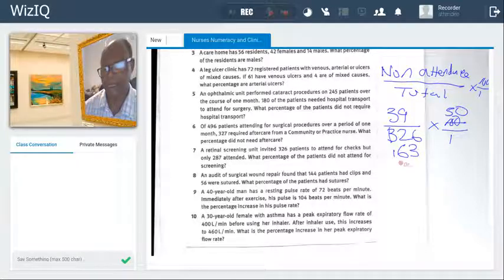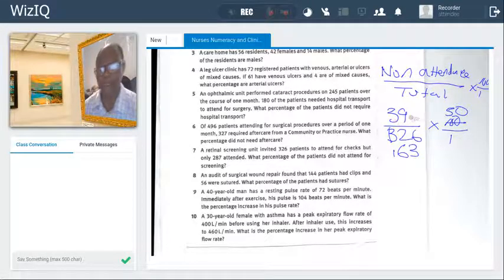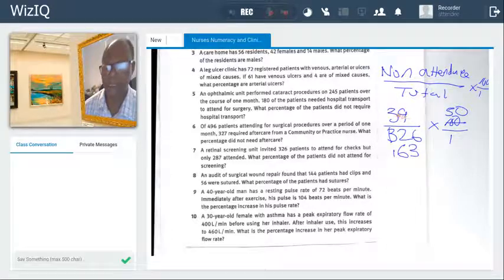Okay, is there any number that can divide into here and there? Okay, we have 13 here can go in, so 13 times 3. Yeah, so 13 can go in here 3 times, but what about here?